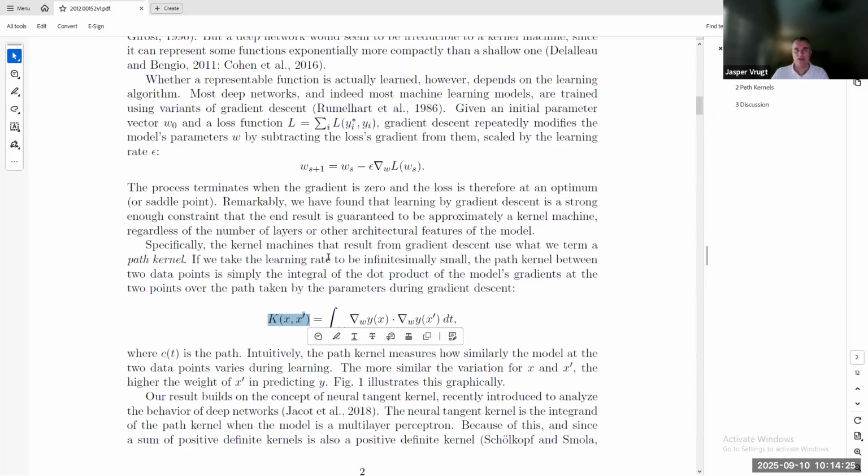So if you do neural network training, and instead of returning only the predictions of the network, at your final weights you would return all those derivatives, that entire path where you're learning, then in those derivatives is the information to obtain that kernel. And then essentially you're done.